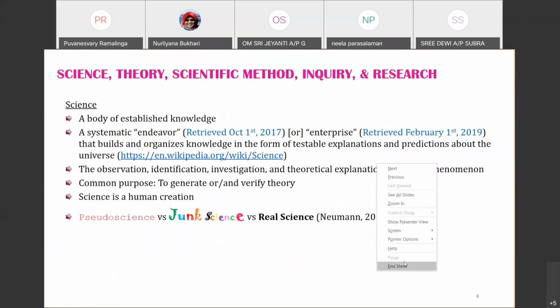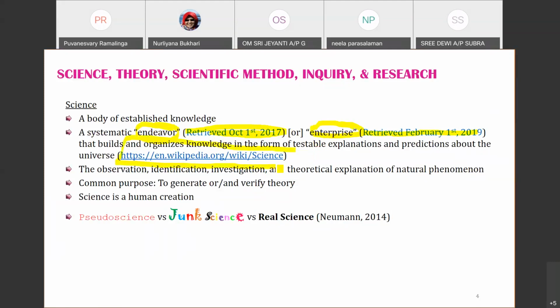That's in a way showing how to do a literature review. I retrieved this in 2017. Wikipedia defined research as an endeavor, and then in 2019, the term is an enterprise. It's just to show you the literature review, but it doesn't mean that you can use Wikipedia as your source.